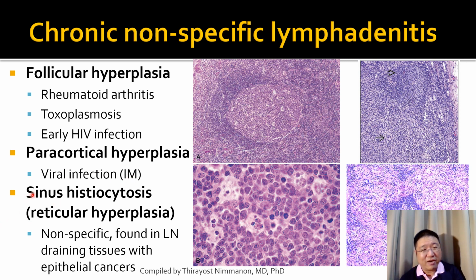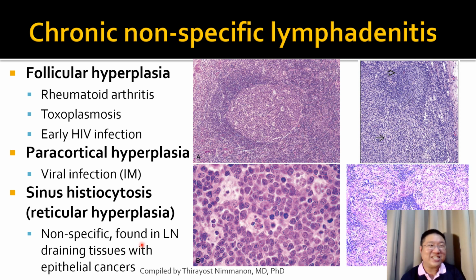And when the sinus areas are markedly expanded, that condition is called sinus histiocytosis or reticular hyperplasia. It is quite non-specific, but it can be seen in lymph nodes draining tissues with epithelial cancers or carcinomas.